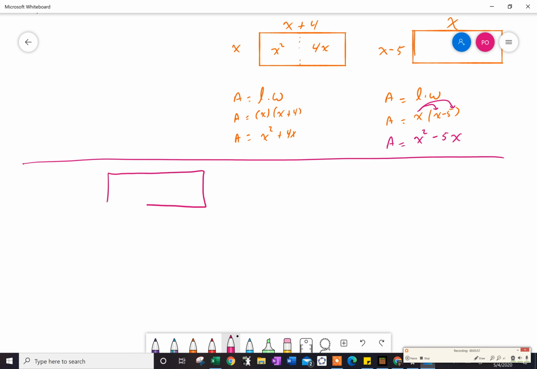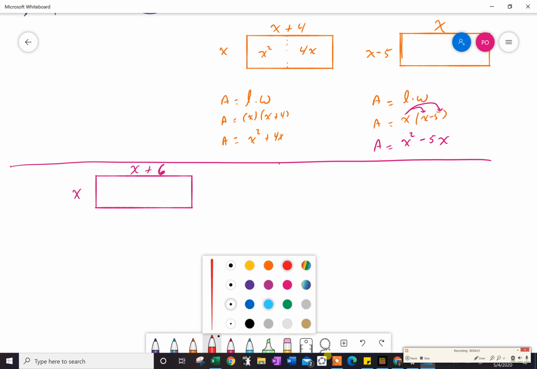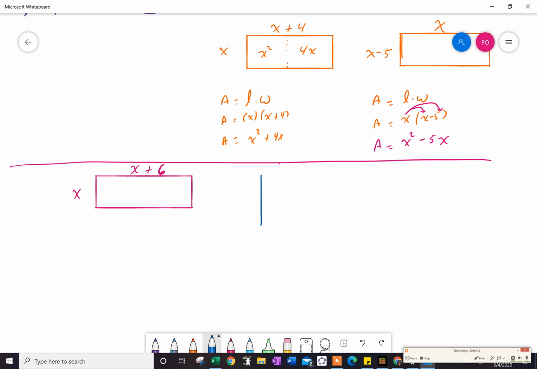Let's say I have a rectangle. This one is x plus 6. And then I'm going to have a square. You know why everything's messing up? It's because I'm not using a different color. I bet that's it. Let's use a blue. So I have a square. Use your imagination, and that's 2x.